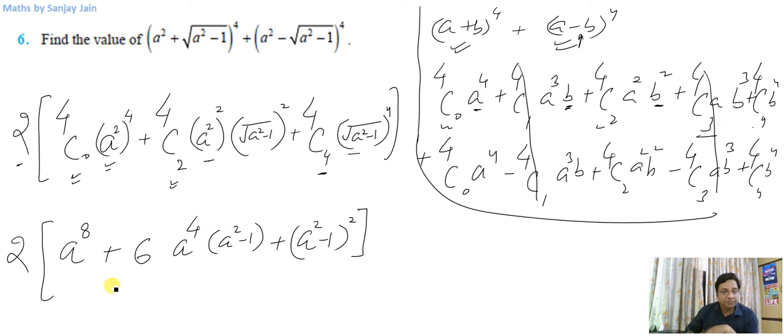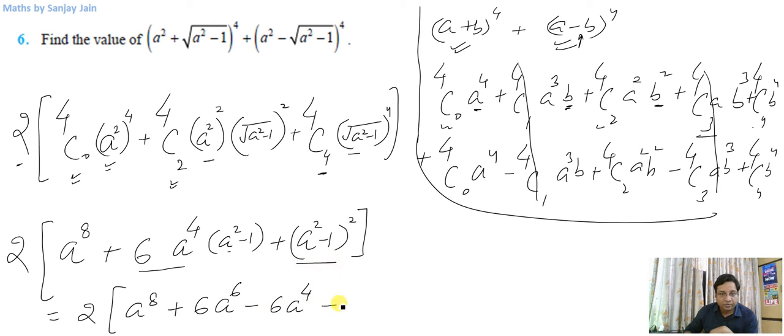Now I can further simplify it a little bit and write the answer. So twice of a^8, this is 6 a^4 into a^2, so this will give me 6a^6 − 6a^4, and I can open this square without the use of binomial. I hope this much you can do. This much everyone can do, I am sure of that.